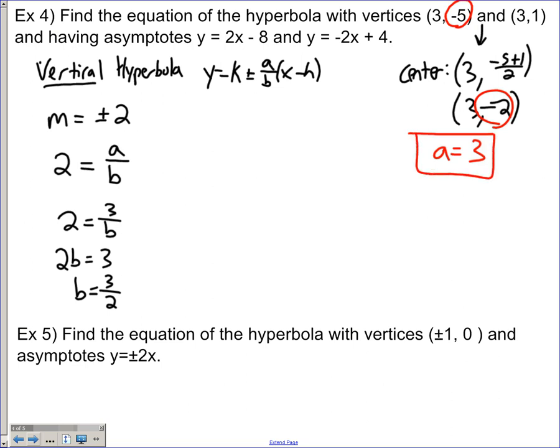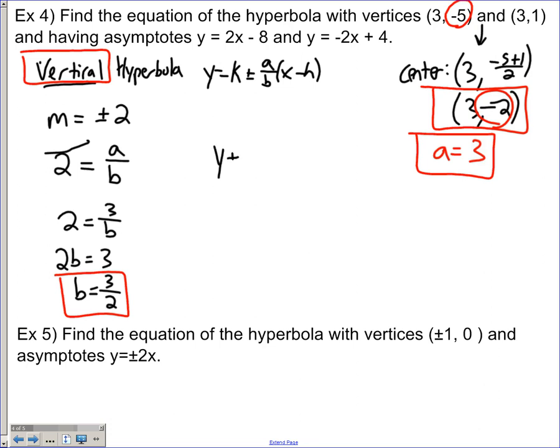So we know a, we know the center, we know b, and we know it's vertical. That's all that you need to come up with an equation. So the final equation, being vertical, we'll start with y. So we'll get y plus 2 squared over a squared, which would be 9.